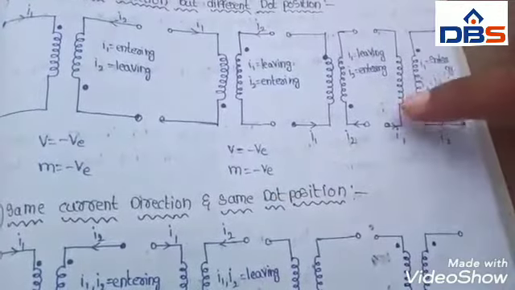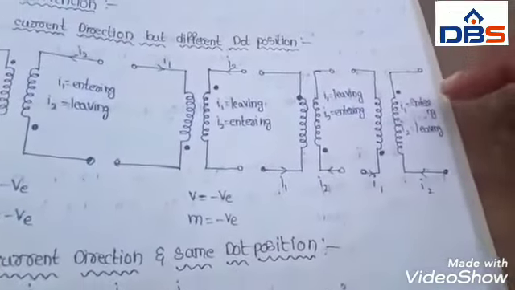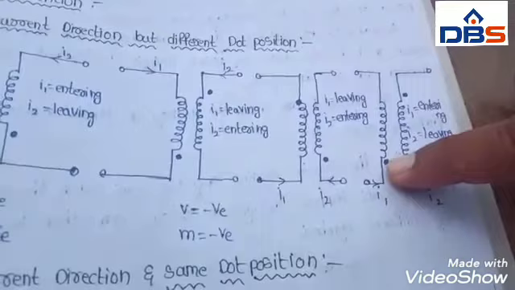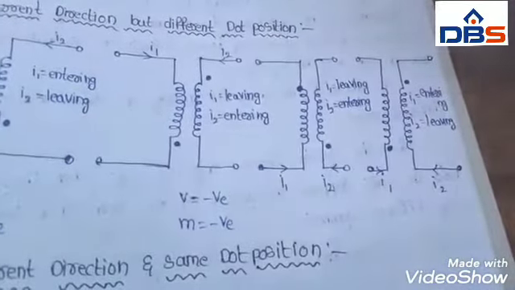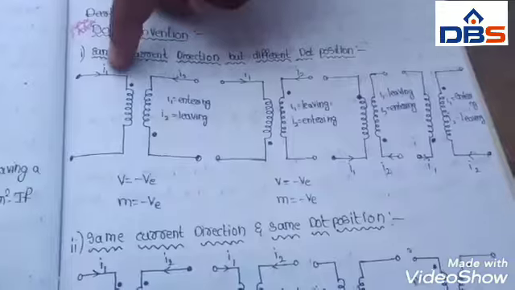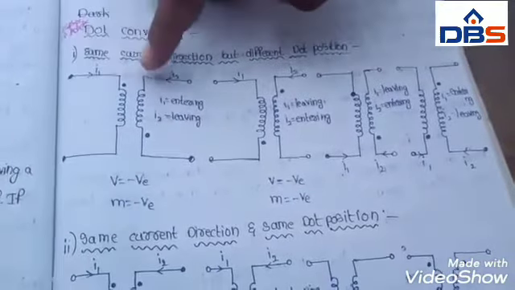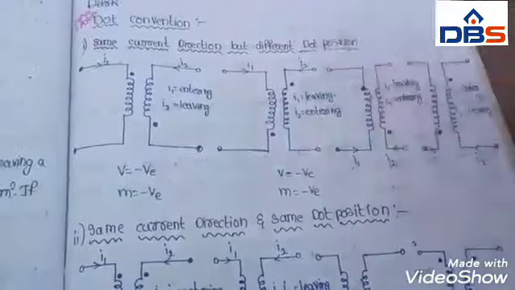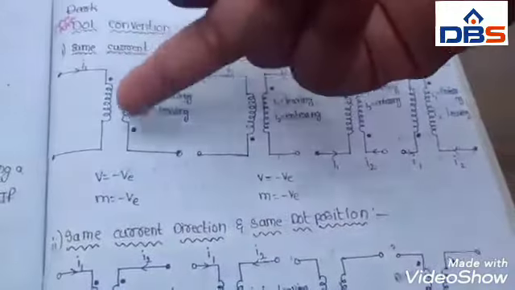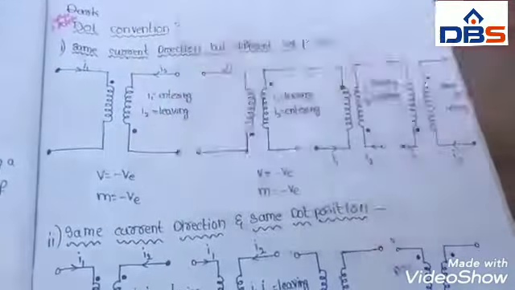Another case: first coil leaving, second coil entering. Whatever it may be, the currents in coil 1 and coil 2 are both entering, but the dot conventions are different. At that time the voltage produced is negative and the mutual inductance is also negative.